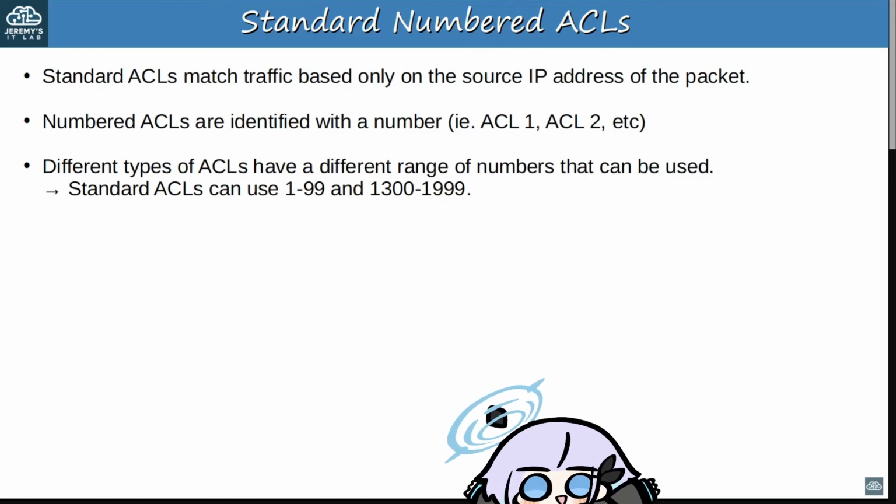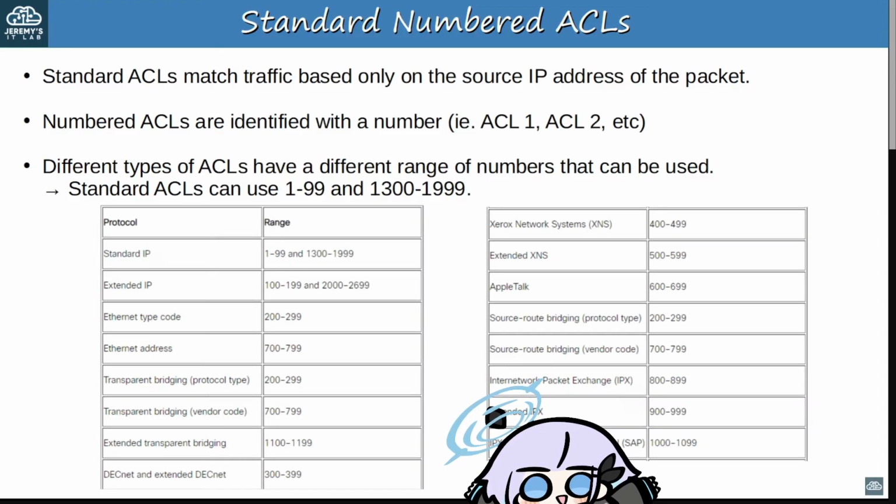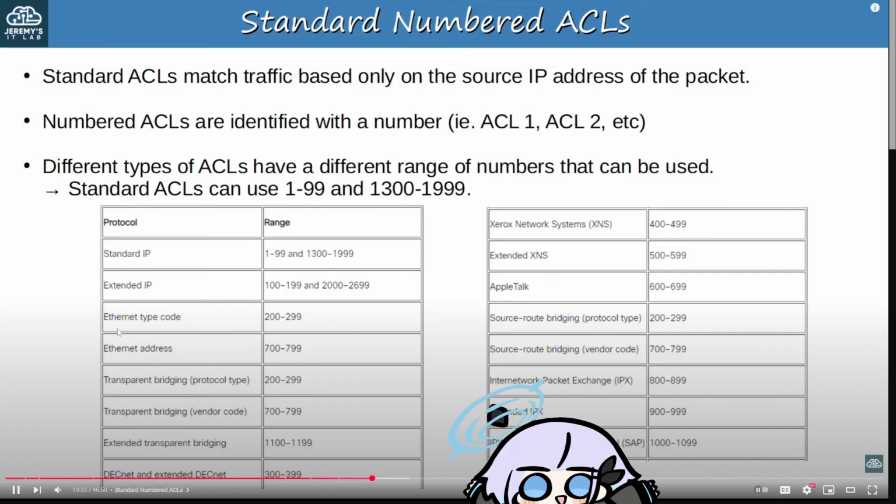The number has to be in one of these ranges. Here are a bunch of different ACL types, and the different number ranges that identify them. You don't have to memorize all of these, of course. For now, just remember the standard ACL ranges, 1 to 99 and 1300 to 1999, listed as standard IP ACLs in this chart.